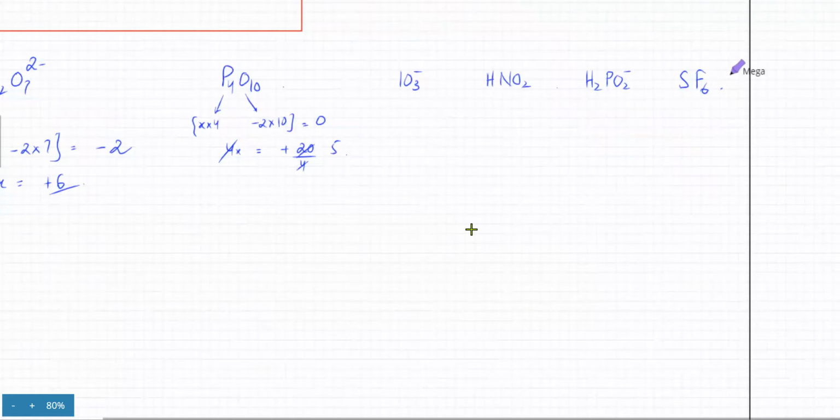Iodine is +5. Nitrogen is +3. What's P over here? +1, that's coming out to be +1, yes.